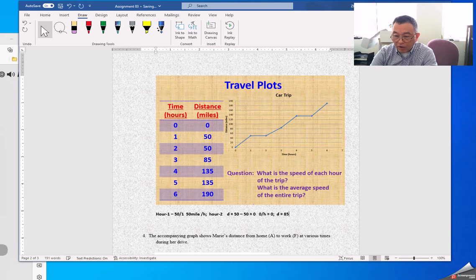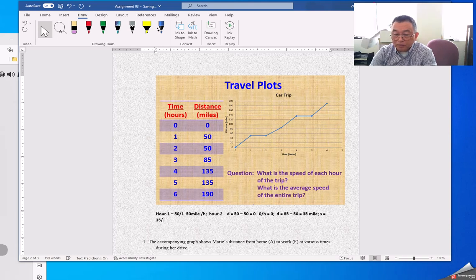So 85 minus 50, it travels 35 miles, and it's still 1 hour. Therefore the speed is 35 miles per hour, and so on. You do the rest.